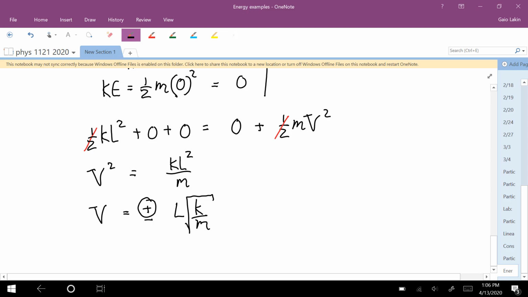And so what this says is if you pull a spring back 3 centimeters and let it go, it's going to be going faster if, so let's keep that L the same for now. It's going to be going faster if the spring is stiffer. That makes sense. It's harder to pull it back. It's going to make the thing go faster.